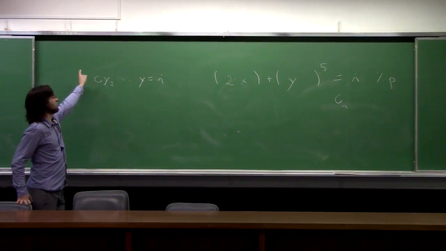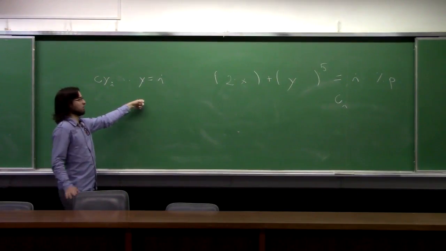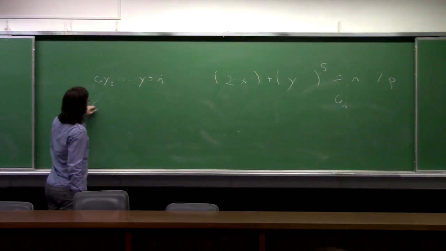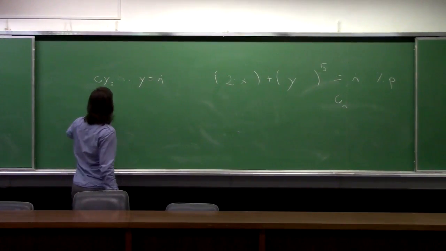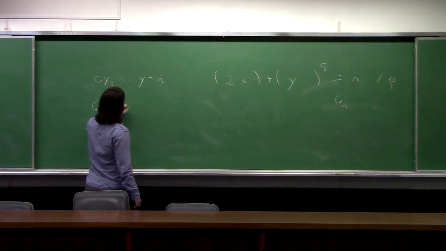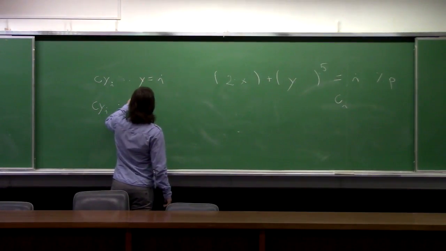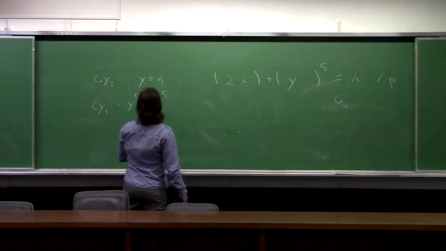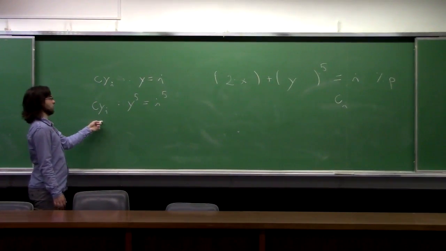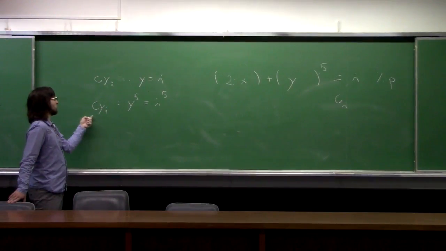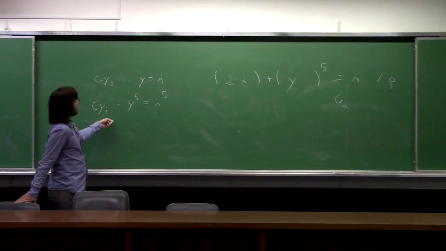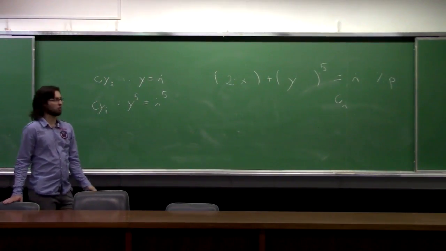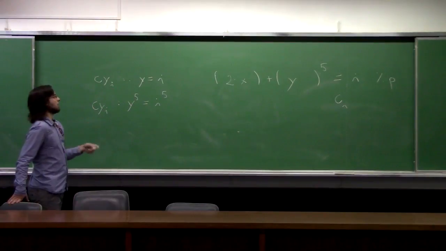So if we have CYI ways to get expression y equal to I, then there are CYI ways to get expression y to the power of 5 equal to I to the power of 5. So for each I, the number of ways to get this I to the power of 5 is the same as the number of ways to get I here.